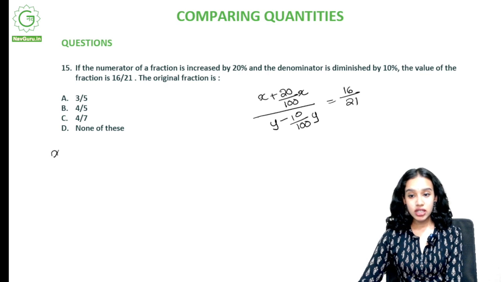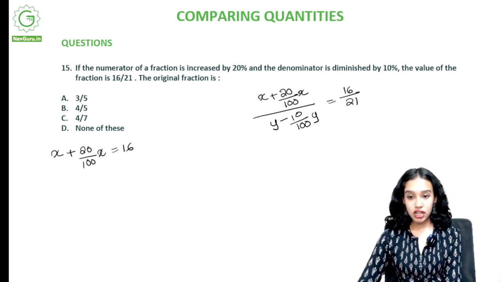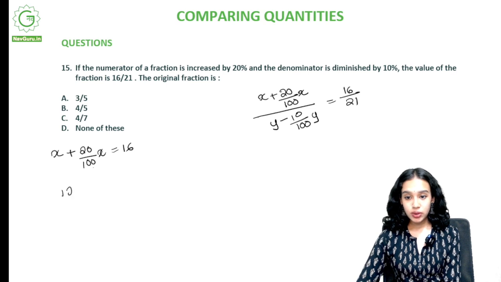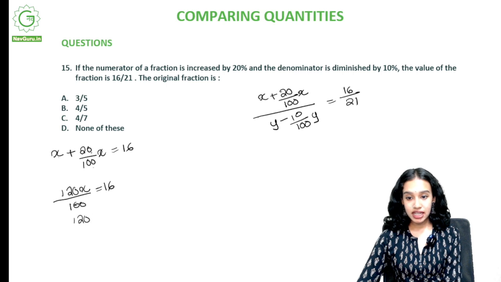So let's equate the numerator only first, that is x plus 20 by 100 x is equal to 16. So when we do the calculation here, we get 120x, that is 100x plus 20x is 120x by 100 is equal to 16. So 120x is equal to 1600.